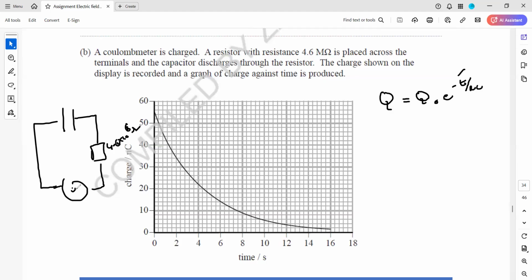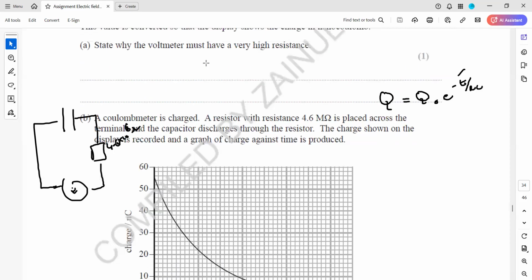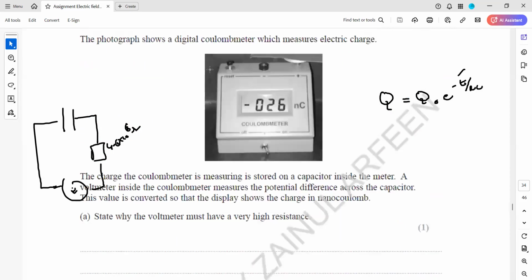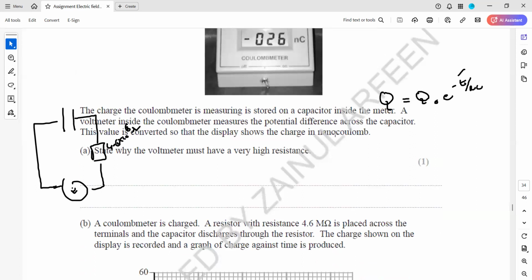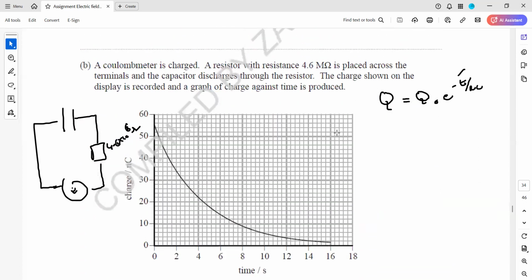And we have this device, a Coulomb meter, which is recording how much charge flows out. And the charge shown on the display record, what is the charge shown to us? That is 26 nanocoulomb. Here we have 10 boxes, 5 boxes equals 10, so each is representing 2.